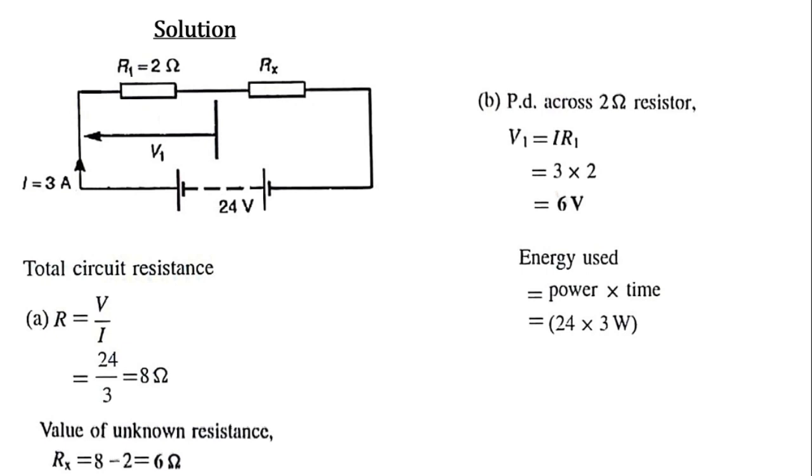So 24 by 3 in watts times our time, which is 50 hours. When you multiply 24 times 3 times 50, we are going to get 3,600 watt hours. To convert this into kilowatt hours, we get 3.6 kilowatt hours.